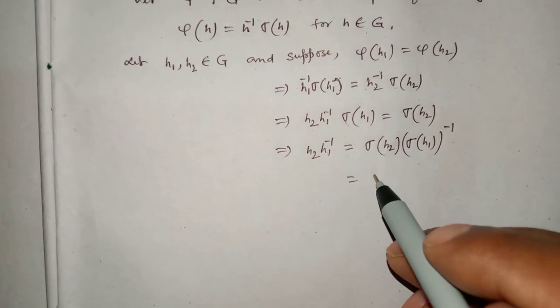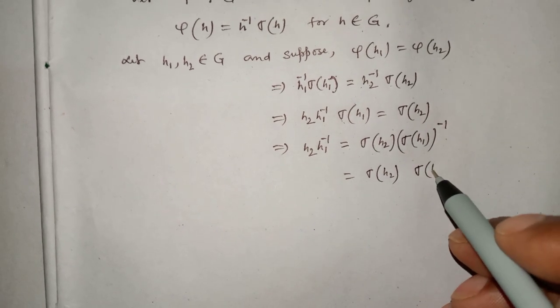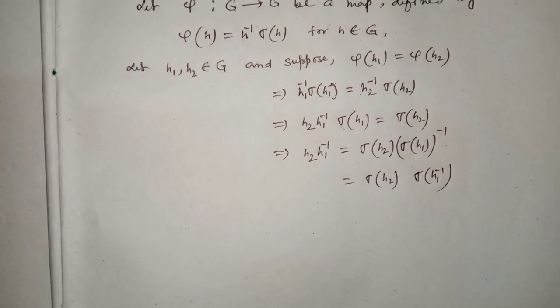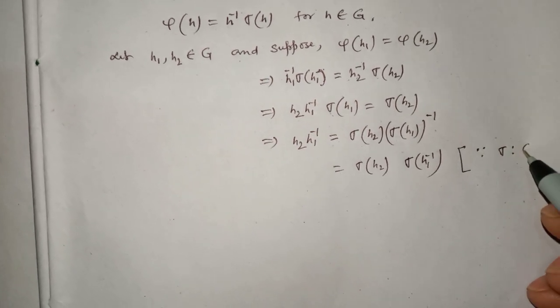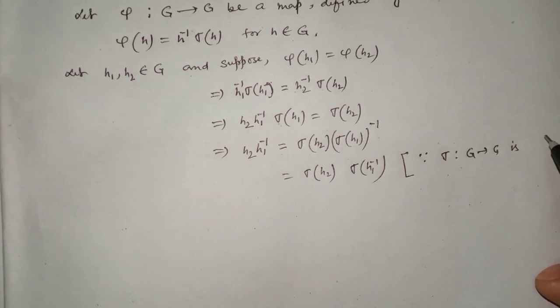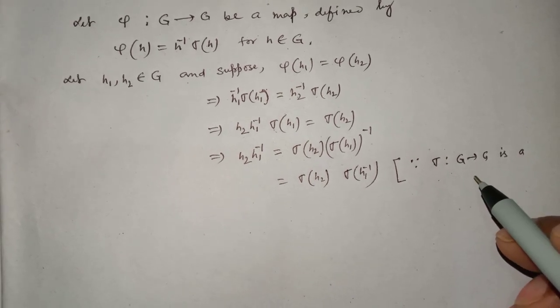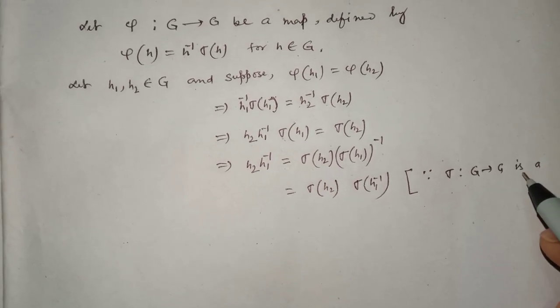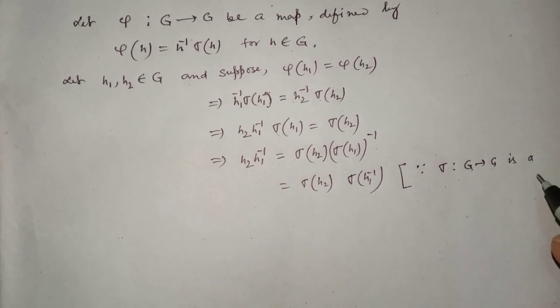This is equal to sigma(h2) sigma(h1) inverse because sigma: G to G is a bijective group homomorphism, that is sigma: G to G is an isomorphism.